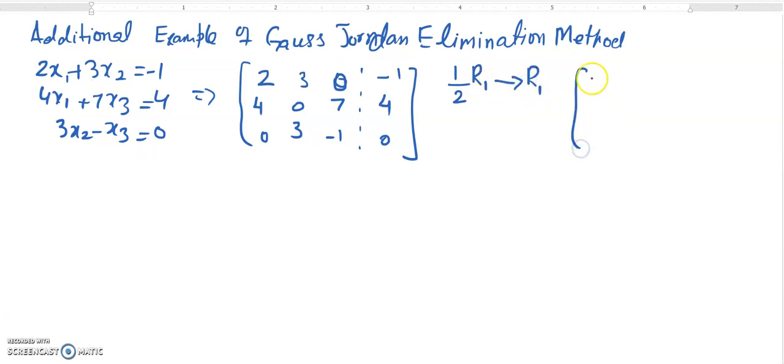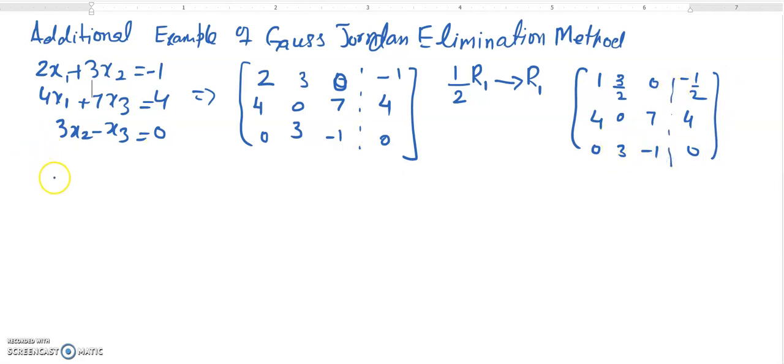So it will be 1, 3/2, 0, -1/2, then 4, 0, 7, 4, then 0, 3, -1, 0. So this is the equivalent augmented matrix. In the next step, I will make this 4 as 0.